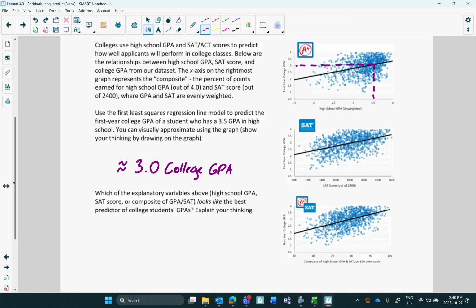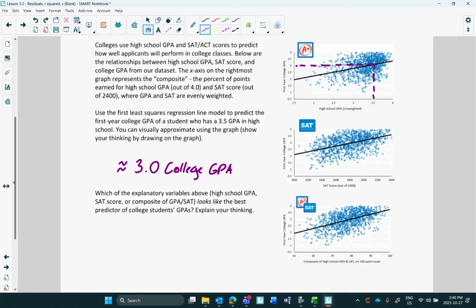Notice with the high school GPA, there doesn't seem to be a lot of low GPAs in high school. It's going up, the higher your high school GPA, the higher your college GPA is predicted to be. But look here, not a lot. And yet with the SAT, there is a lot. And when we combine the two, there's still a fair amount. That's an interesting question.